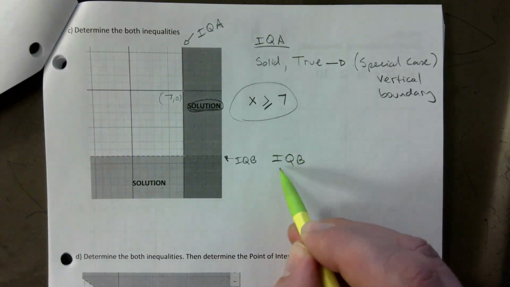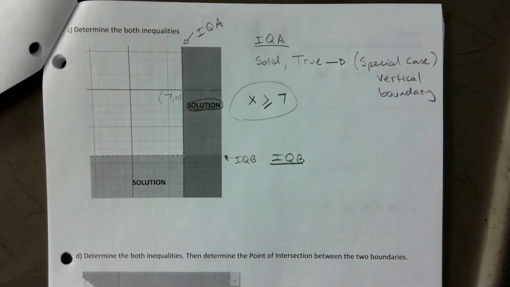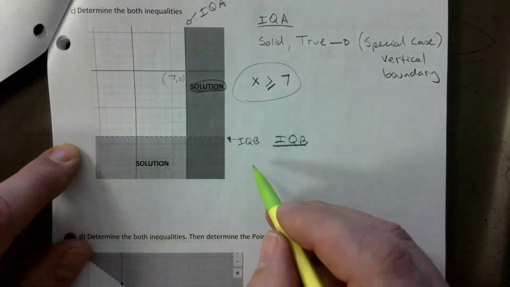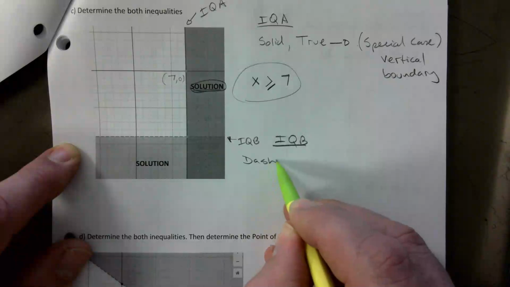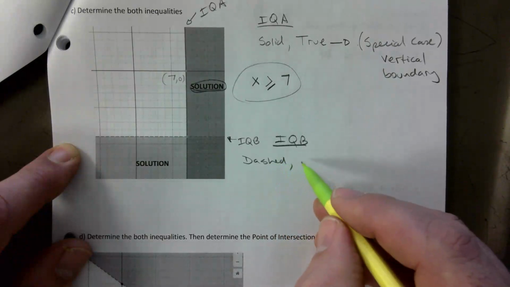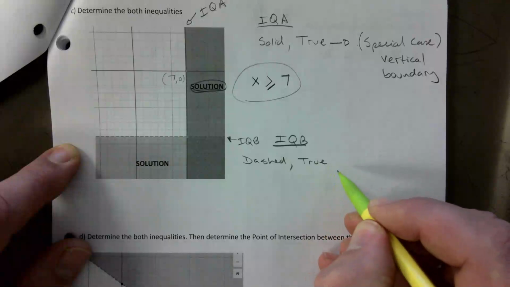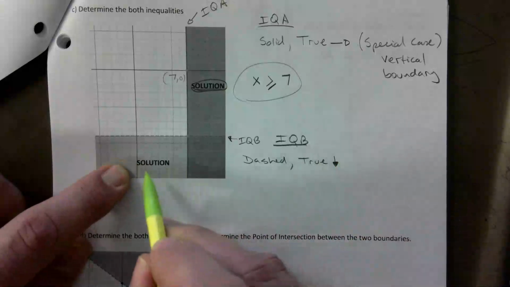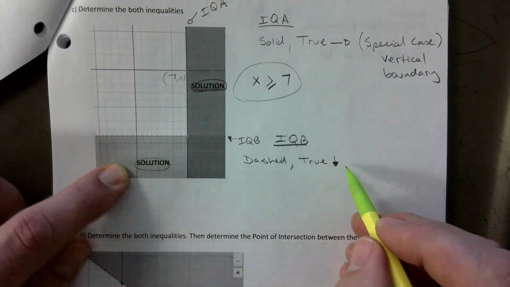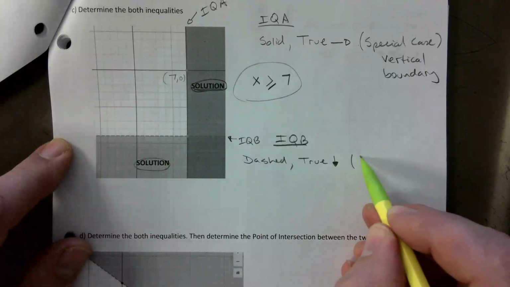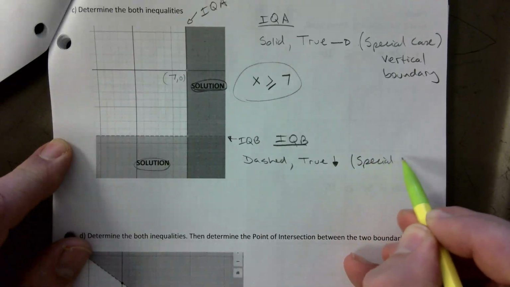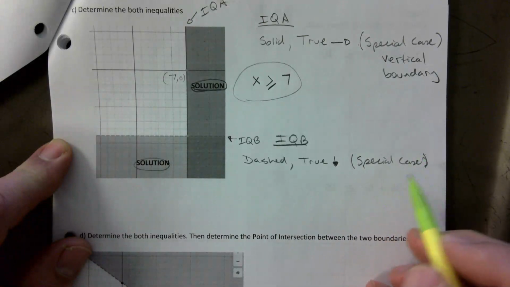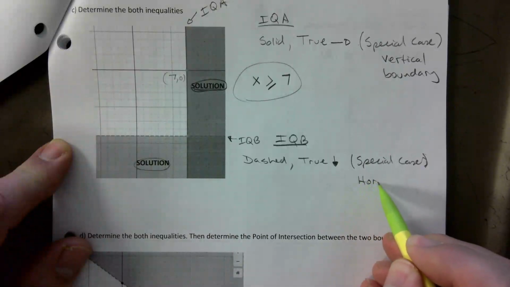Inequality B, let's do that one. It's a horizontal line. But for now, we're just going to make note of the fact that it's dashed. Where is the true region? Below the line, and it's right here. I will make a note that this is also a special case, which makes it a lot easier.